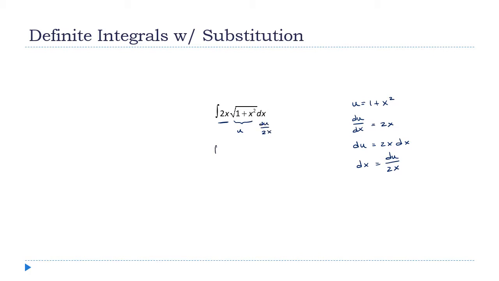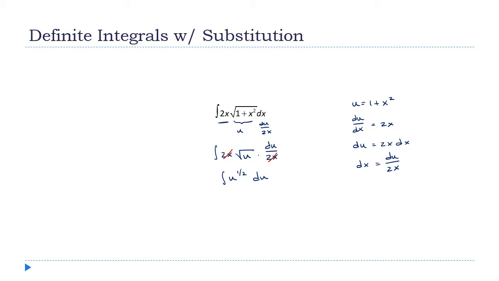This becomes the integral of 2x times the square root of u times du over 2x. Now, here's the cool part. The 2x and the 2x cancel. All that's left is the integral of u to the 1/2, I'm going to go ahead and make that a fractional exponent, du.